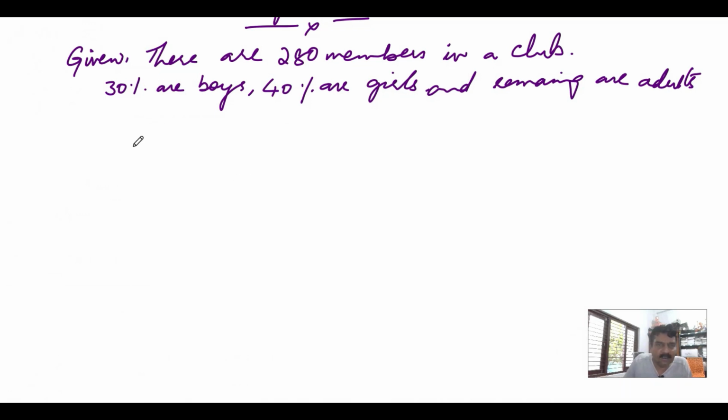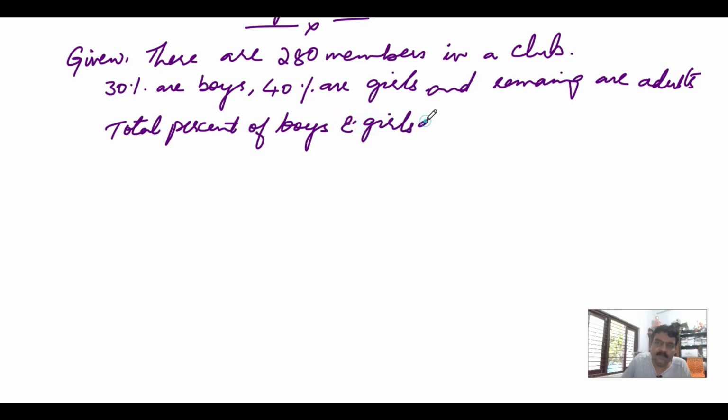Now total girls and boys you have to add, right? So total percent of boys and girls is how much? 30% plus 40% is equal to 70%, and remaining are adults, right?